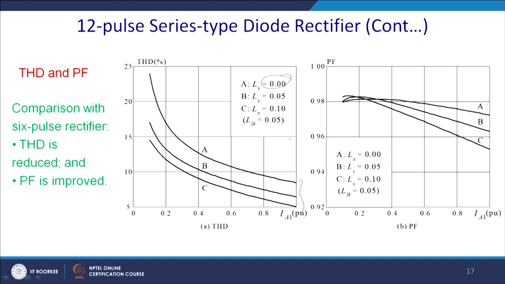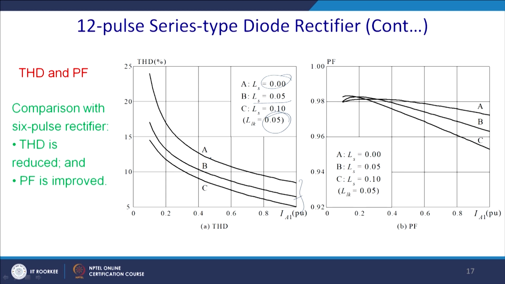If you have a little more source inductance, around 0.5, it will come to around 6%, and generally it is present, and thus you almost get into the 5% standard. If you add around 5% inductance, you can get well within the requirement.